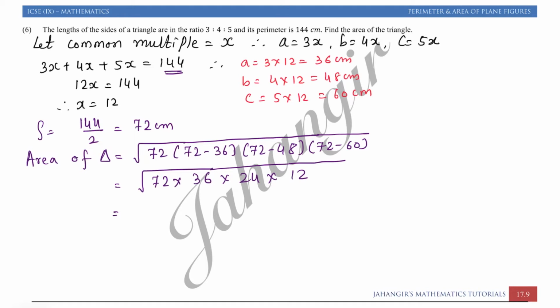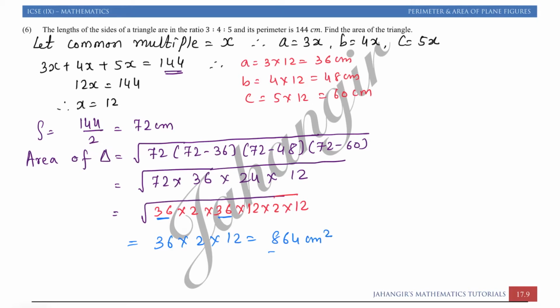So breaking up, 72 you can write as 36 into 2, 36 we already have. 24 we can do as 12 into 2, and 12 we already have. Now 36 we can take out, into 2 into 12. Multiplying all terms, 36 into 24, you will get 864 centimeter square. Here we get the area of the triangle.